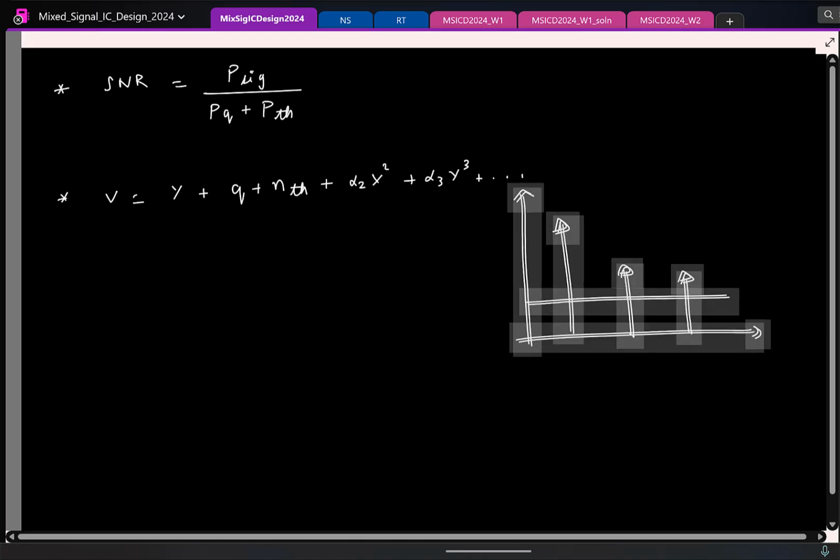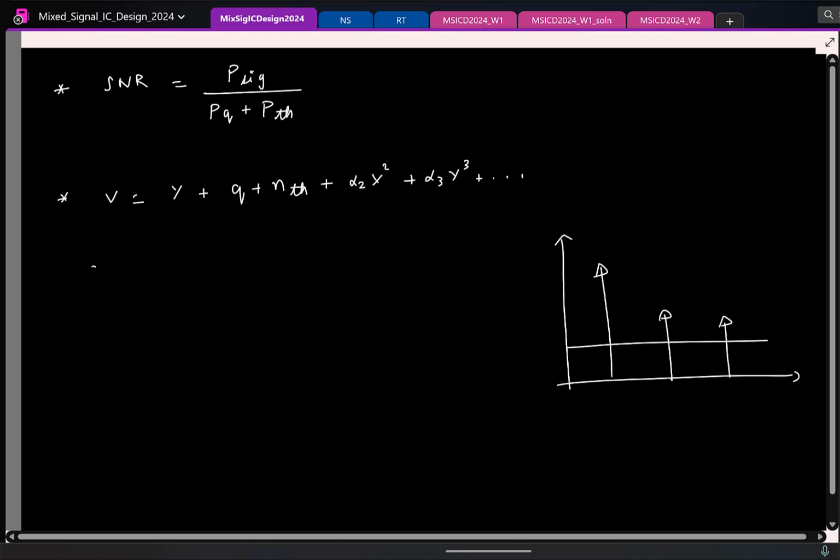So to capture this non-ideality, we measure what is called SNDR, that is signal to noise and distortion ratio. Sometimes this is also called SINAD, again signal to noise and distortion.